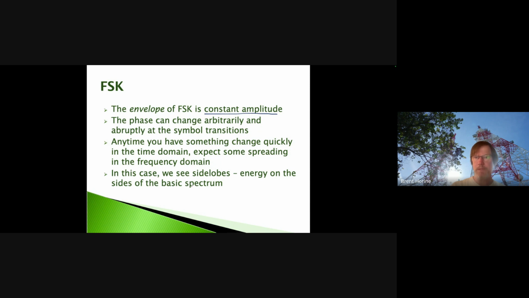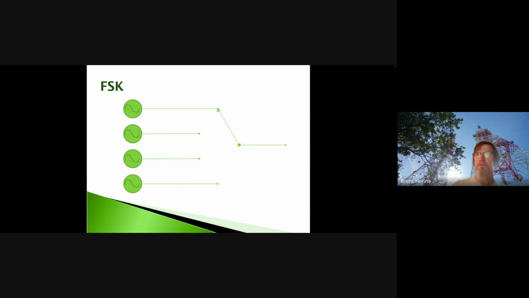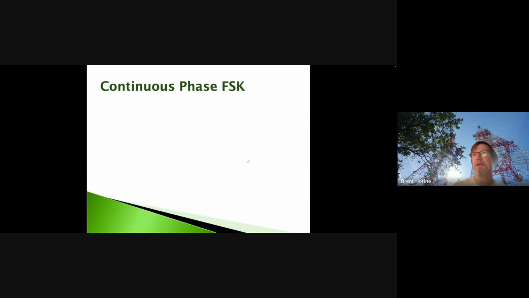If we do something like this, where we're just changing from one frequency to another, this is a terrible drawing, but this would reflect different frequencies. That would result in an abrupt change in phase each time we stepped it.